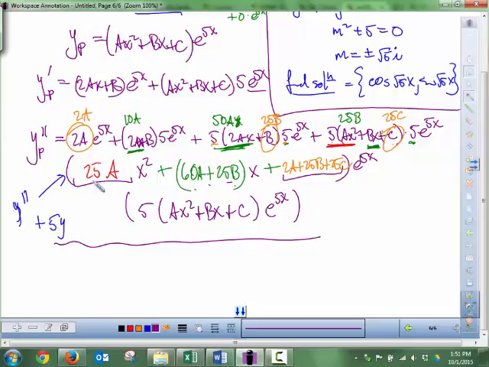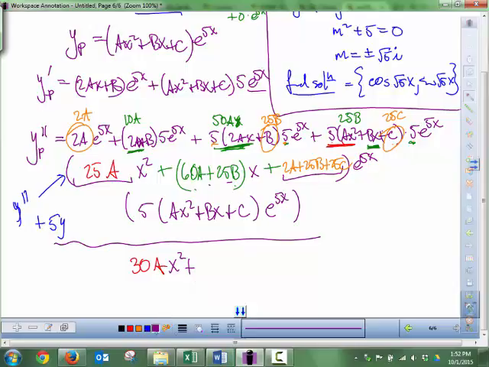All right, so I got 25a and then another 5a, so that's 30a, right? Plus, now for my b's, I have 60a plus 25b, and then add another 5b for my x's.